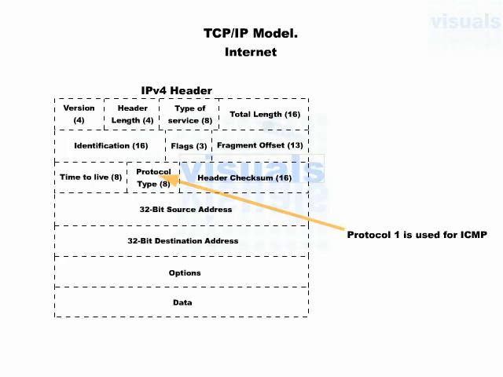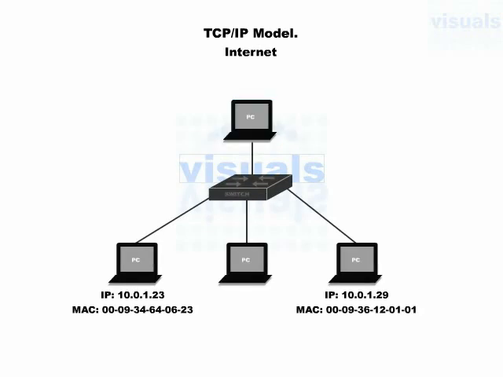Well, now let's move back to main. Here is ARP. ARP means Address Resolution Protocol. ARP finds the MAC address of a known IP address.